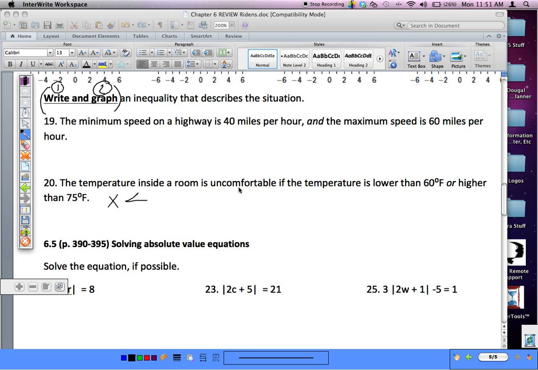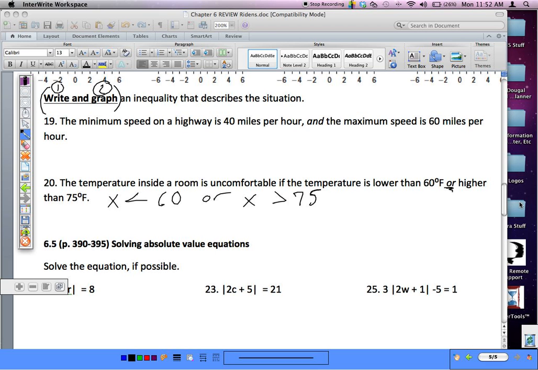The temperature inside the room is uncomfortable if the temperature is lower than 60 or higher than 75. So we got both situations.